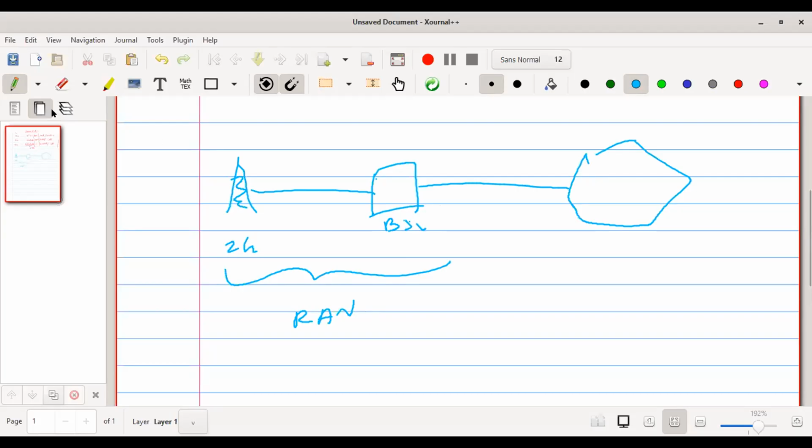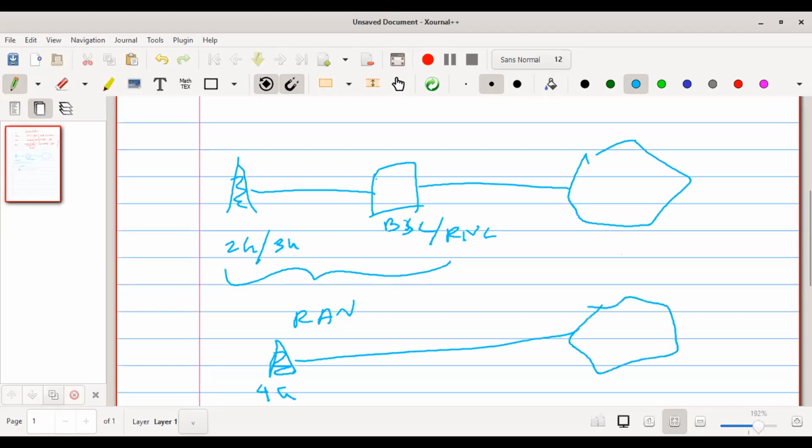Anyway, you have BSC or RNC. It has two different terms: it is called RNC if it is 3G. But in the case of 4G, this base station is directly connected to your core network components.